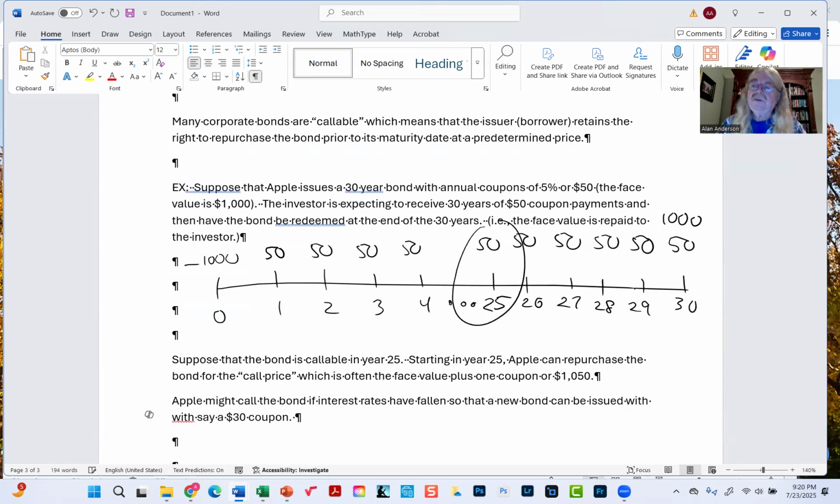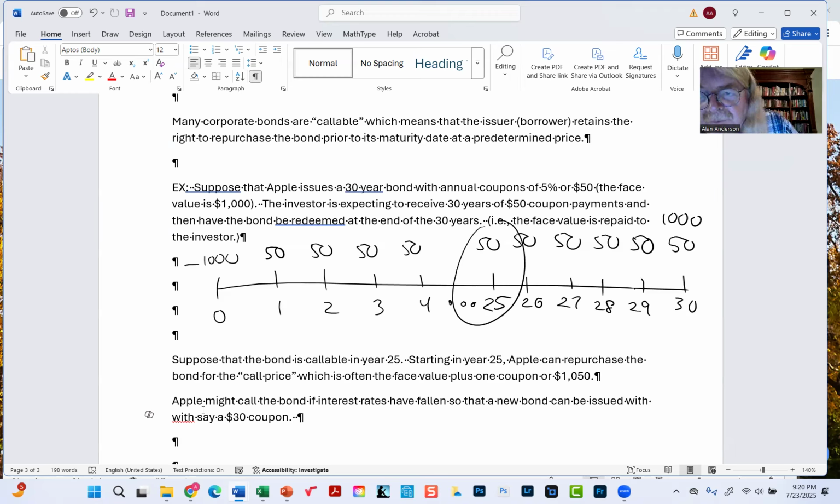In other words, they're refinancing it, just like a mortgage. When you have a mortgage, you have the right to, at any time, start all over again with a new lower rate of interest, which is kind of a nice feature. So the same thing's happening here. Apple is saying, listen, if we find ourselves paying these enormous coupons and we can do better in the market with a newer bond, we'd like to be able to do that.